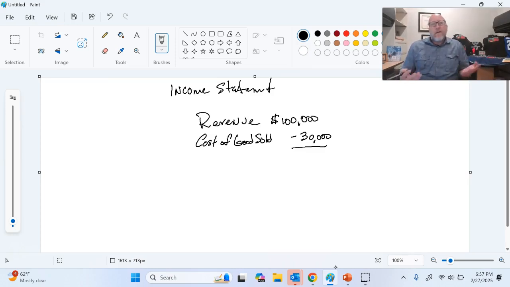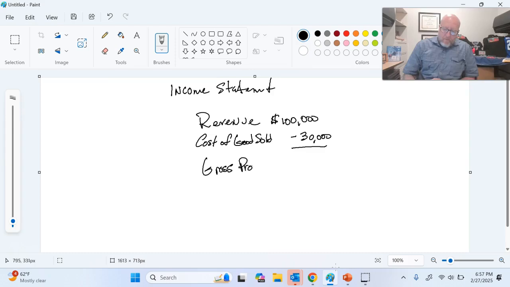If I'm paying $10 a Barbie doll to Mattel and then selling those to customers, the cost associated with those Barbie dolls is what I now refer to as cost of goods sold. The difference between revenue and cost of goods sold is gross profit, and in our example, it's just 70,000.